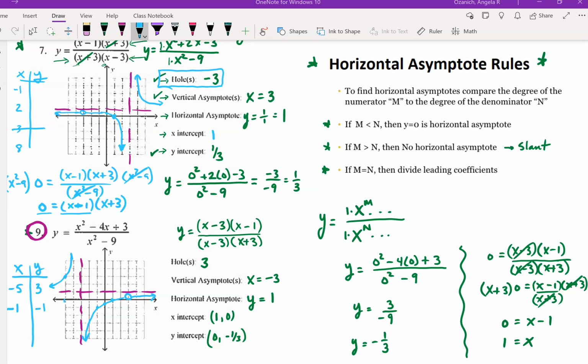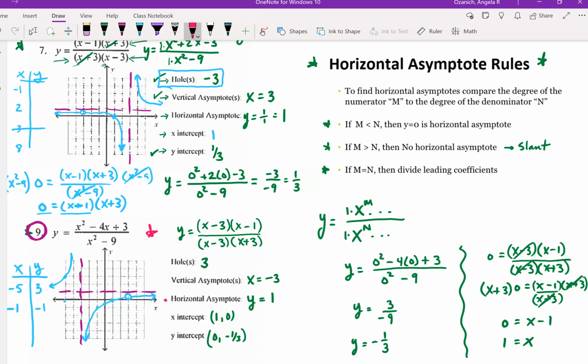Now you may need to pause the video again to check some of my work against some of your work, and that is totally fine. Let me just point out a couple of things as you go through this. In the analysis, starting with the holes in the graph, vertical asymptotes, and horizontal asymptotes, I always start first with the horizontal asymptote and the analysis of the degree of my function.